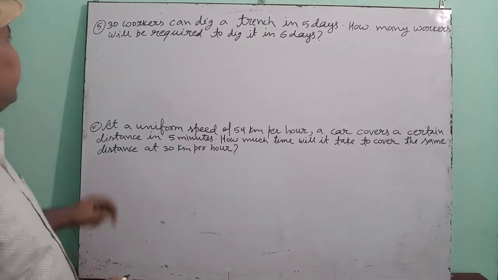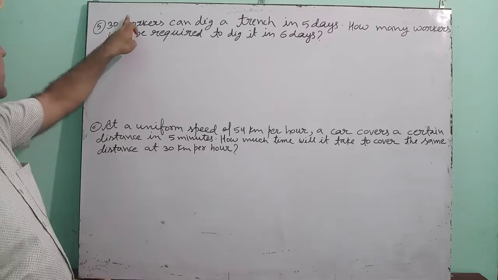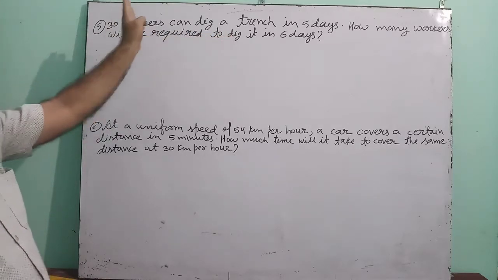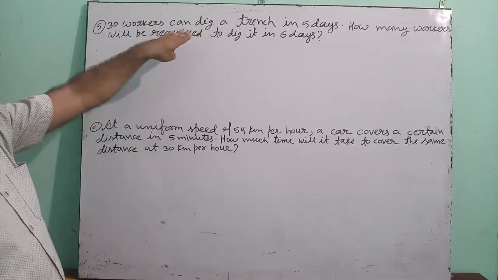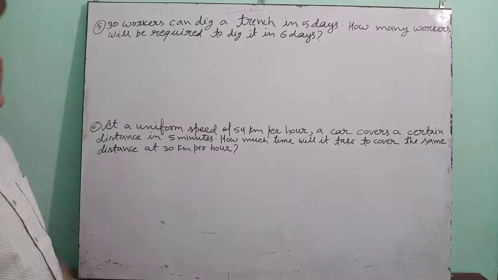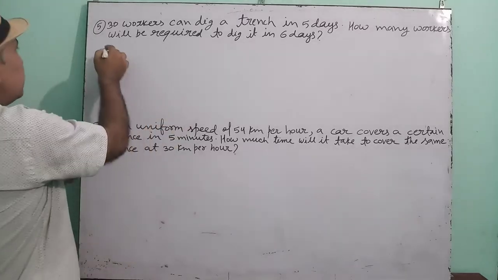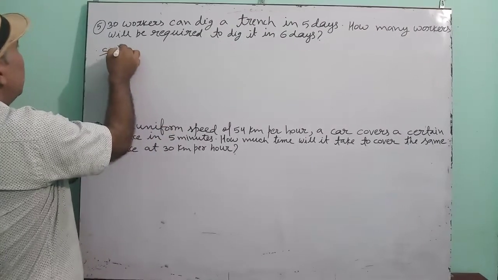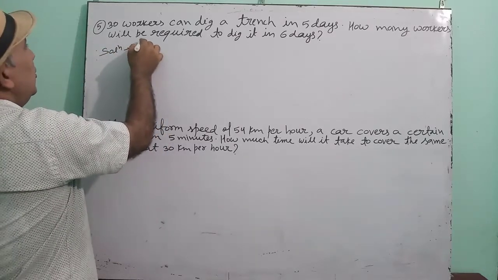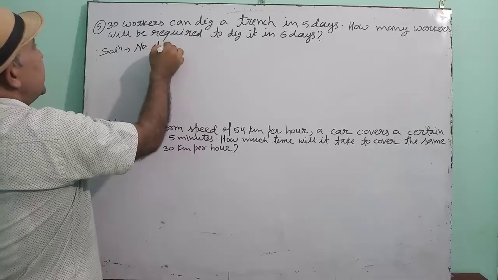Now see question number 5. 30 workers can dig a trench in 5 days. 30 workers are taking 5 days to dig a trench. How many workers will be required to dig it in 6 days? See how to solve it. We have to find how many workers. So, what will be the statement?